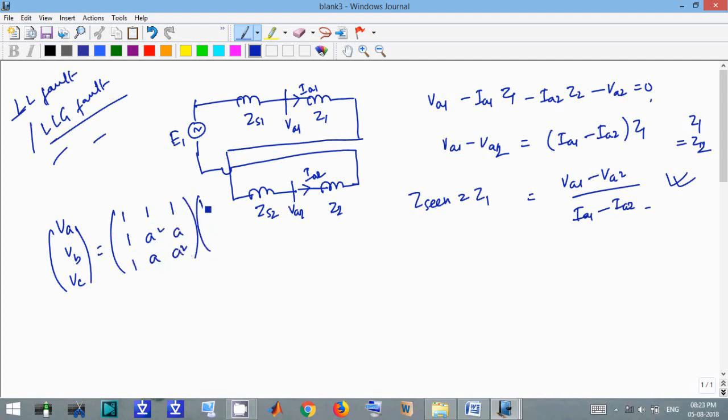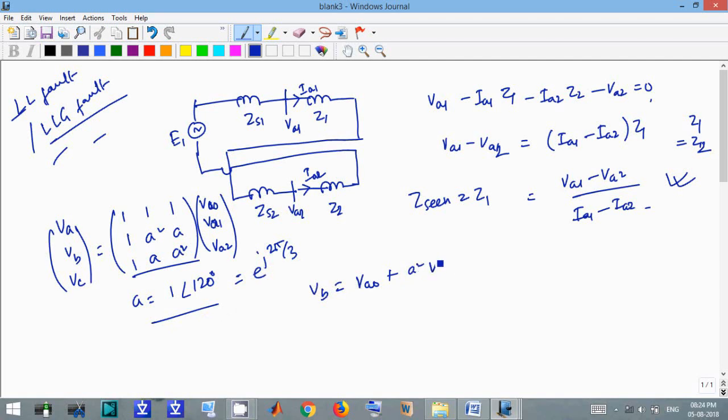This relationship we all know, where A has magnitude 1 and angle 120 degrees, which is 2 pi by 3. This is known to all. So VB will be VA0 plus A square VA1 plus A VA2, and VC in case of BC fault.